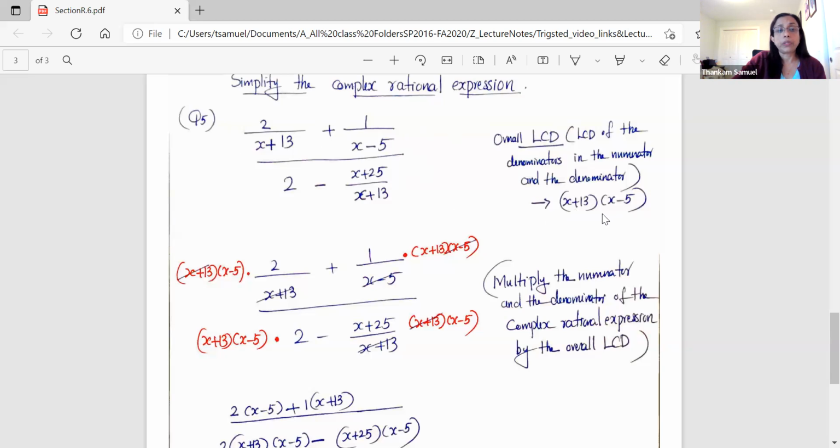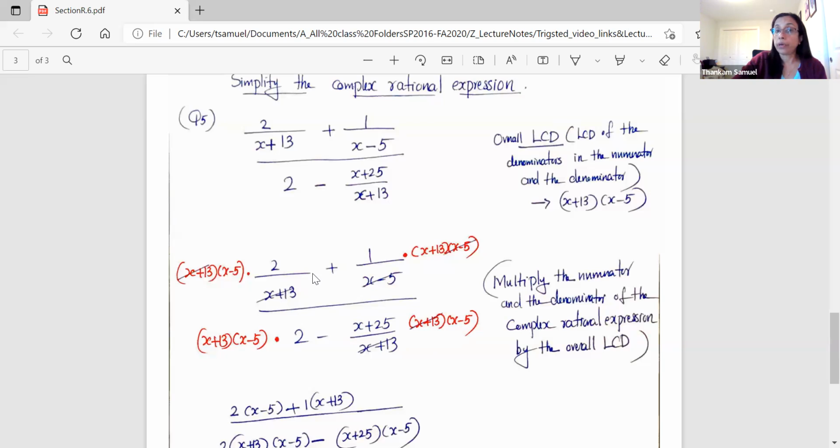Then the next step is to multiply each of these rational expressions by the overall LCD. So x plus 13 times x minus 5 times the first rational expression in the numerator, and also 1 over x minus 5 times x plus 13 times x minus 5, and multiply 2 also by the overall LCD and multiply this expression also by the overall LCD.